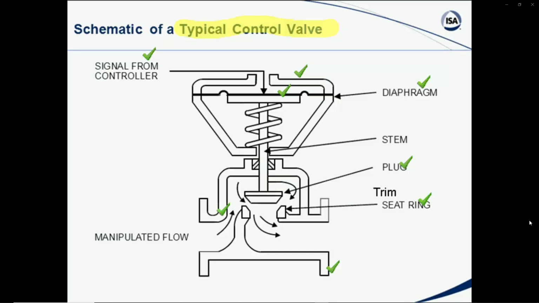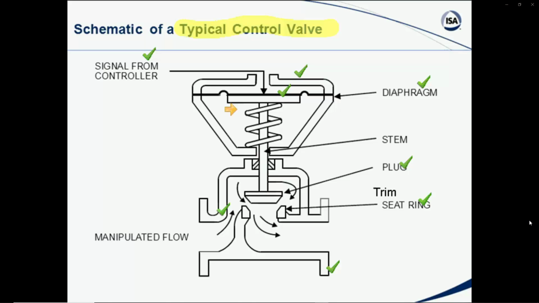If you recall before, we talked about pressure is equal to force per unit area, and force is equal to the pressure times the unit area. So whatever the pressure is on the diaphragm surface area will give us our movement of our diaphragm actuator, and it will also move the stem in a downward motion.